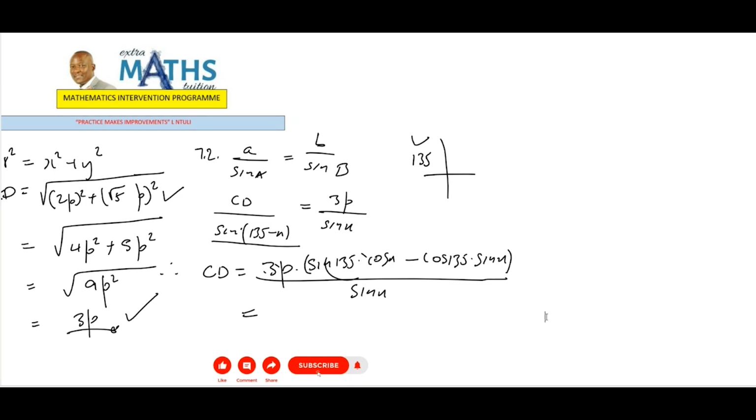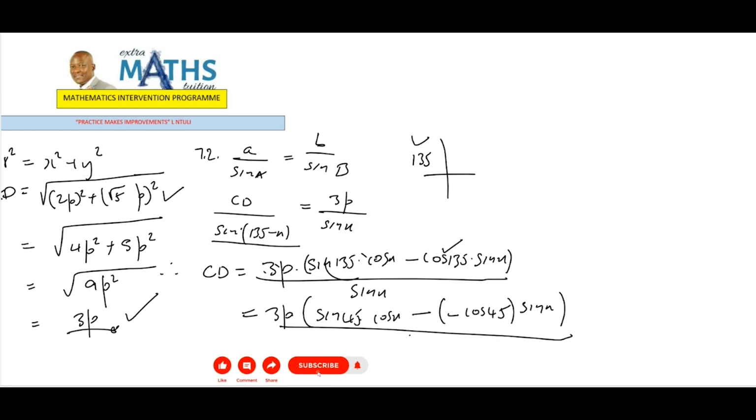Which means I will have 3p sine 45 cos x minus. Now, your cos in the second quadrant is negative. It means I need that negative. And again, it will be cos 45 sine x all over sine x.